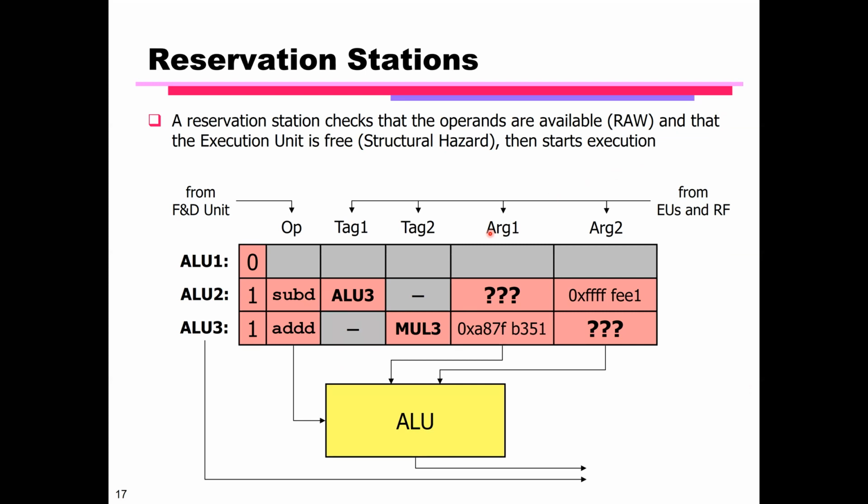They say the result of this operation is such, and I keep completing my table. By completing my table, I have more instructions that can be executed, and so on and so forth.